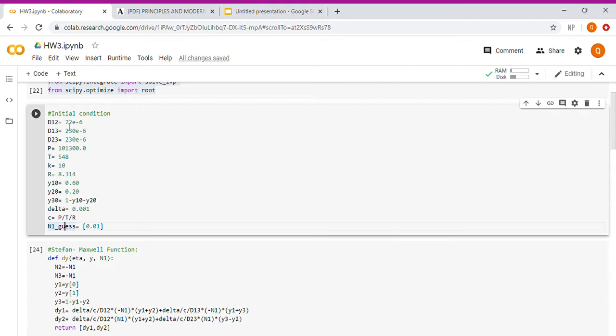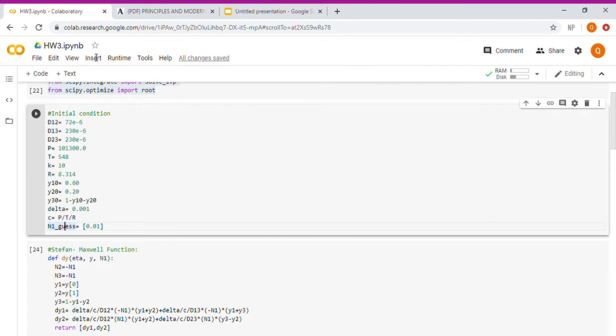So in this problem, there are a few unknown quantities, such as mole fractions of the three components, y1, y2, and y3, and total molar fluxes of the three components, N1, N2, and N3. So we have a total of 6 unknown quantities.